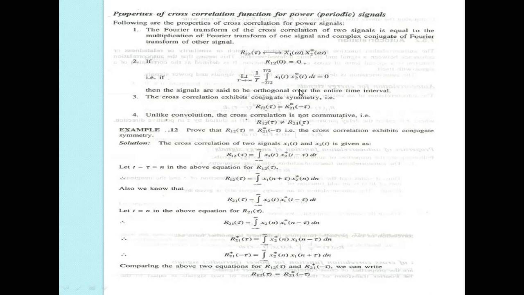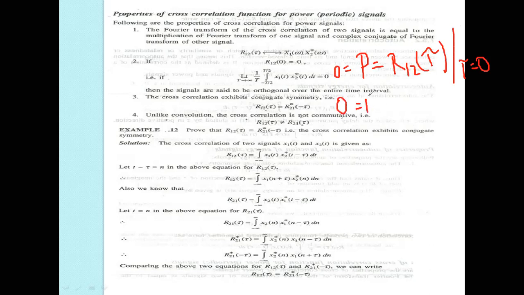Then the signals are said to be orthogonal over the entire time interval. The power of the signal P is equal to R12 of tau at tau is equal to 0. Okay, my dear students, you can write this as power signal P is equal to R12 of tau at tau is equal to 0. Nothing but the power is 0 here.